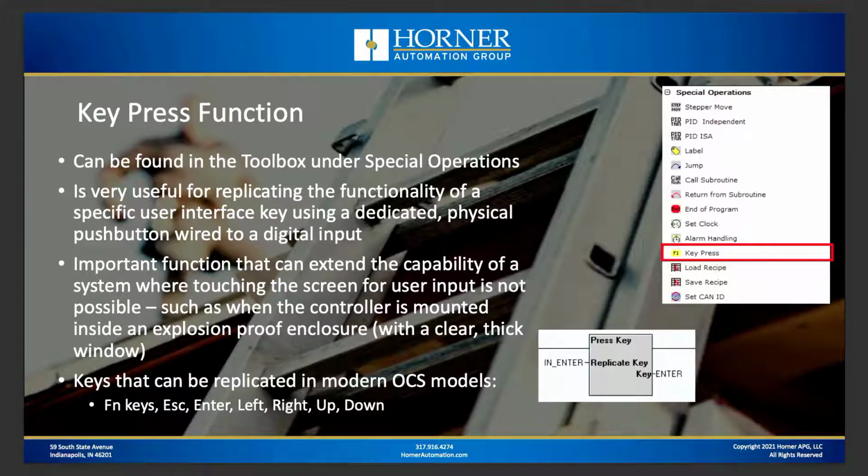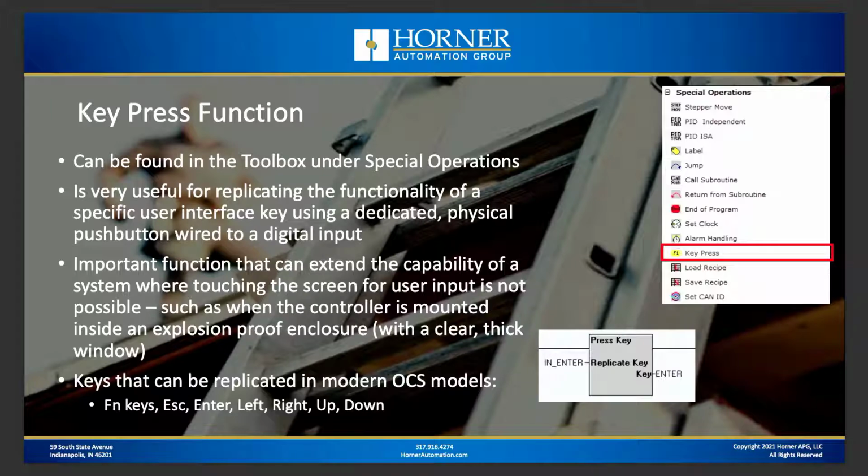Now, why in the world would you ever want to do that? Why wouldn't you just press the button on the screen or press the key on the OCS? Well, there's a couple use cases which are very useful for key press. The first, which I don't have detailed on the slide here, is a scenario where maybe somebody is going to be pressing a button on an XLE, for instance, which is a key-based operator interface controller. But maybe they're going to be pressing a button on that particular XLE all day, every day, and you don't want that button to wear out.